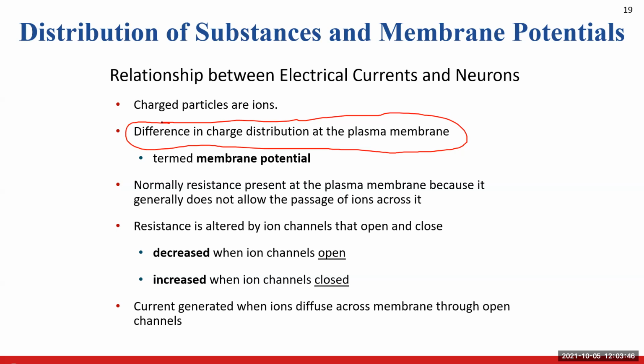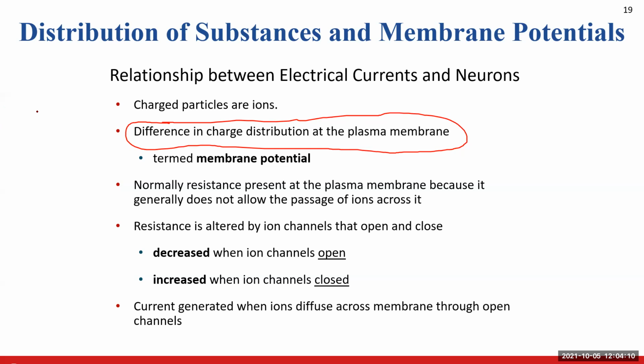It's going to prevent these ions from moving across the plasma membrane. So that resistance can be manipulated. We can either increase or decrease the resistance, because keep in mind, the plasma membrane will not let those ions pass on their own. The only way they can do it is through those channels.